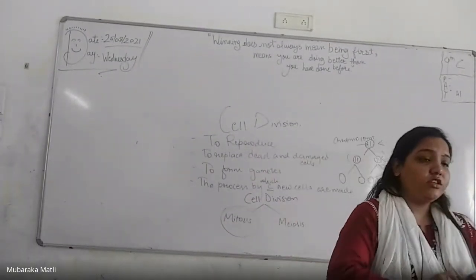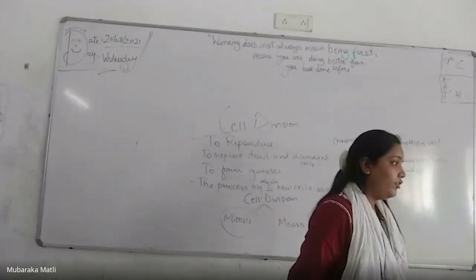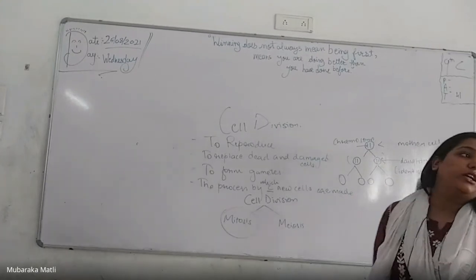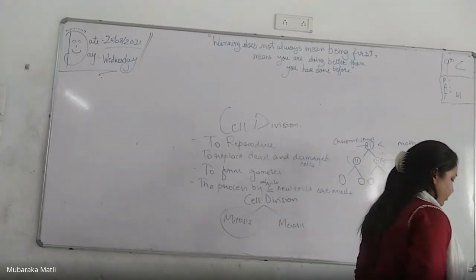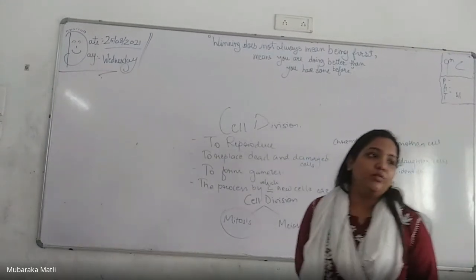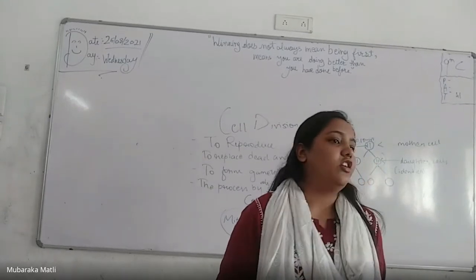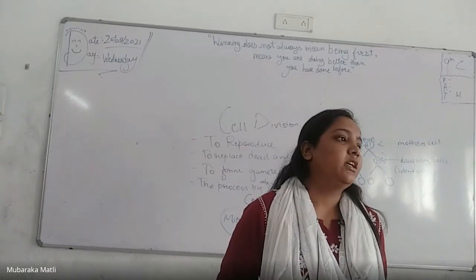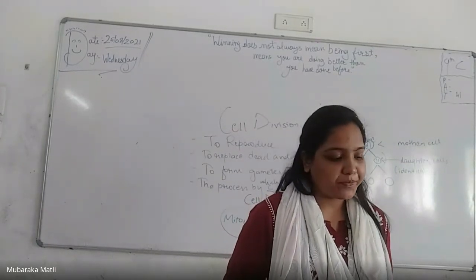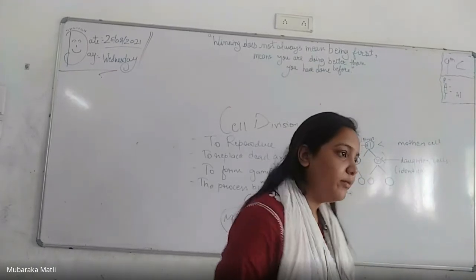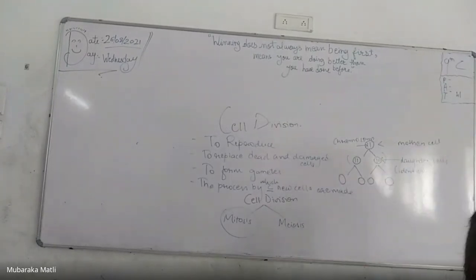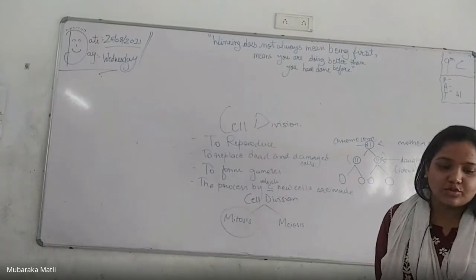The cells in which there is information of your mother and father, the hereditary material which you are going to pass to your next generation, that is chromosomes. All the information that you need to pass to your progeny is called chromosomes. What is progeny? Next generation, babies. It is progeny, okay? The daughter cells have the same number of chromosomes as the mother cell. If the mother cell contains 2 chromosomes, then the daughter cell will have the exact number of chromosomes, okay?